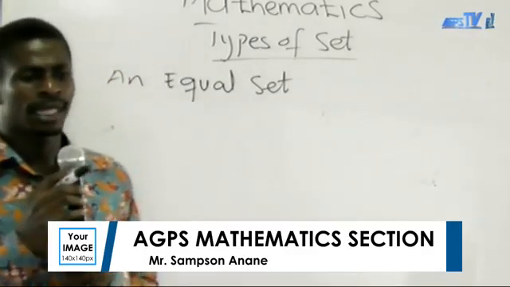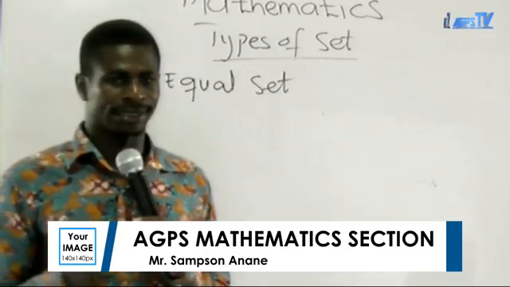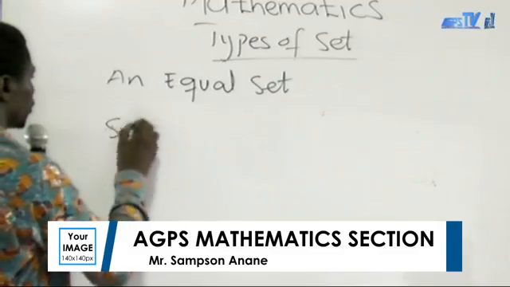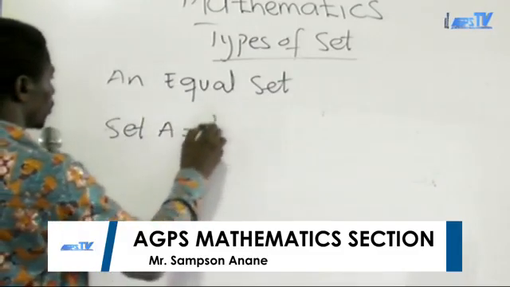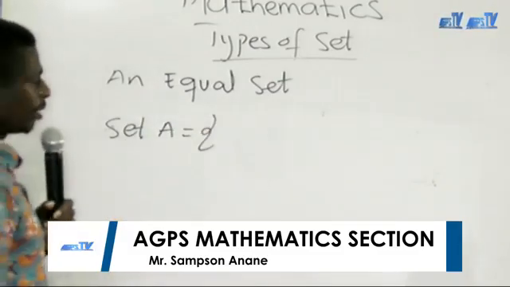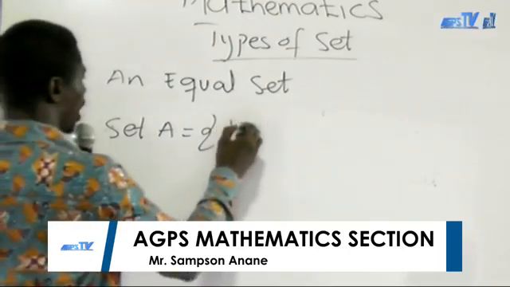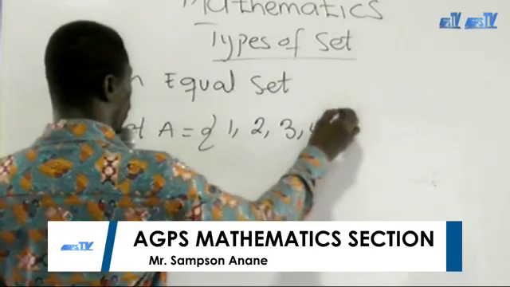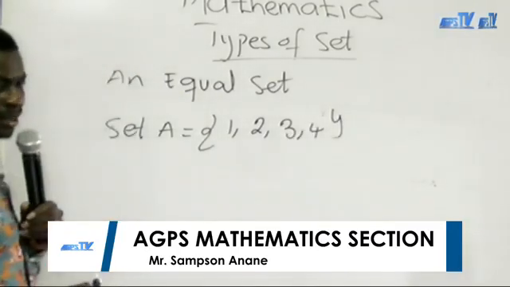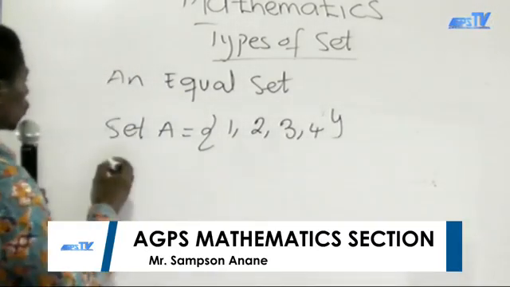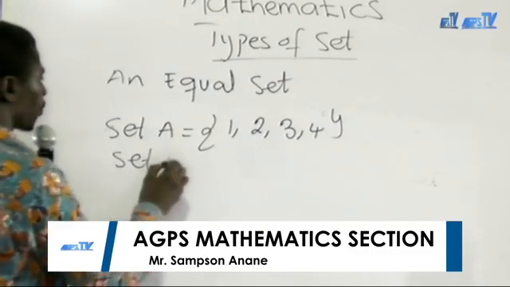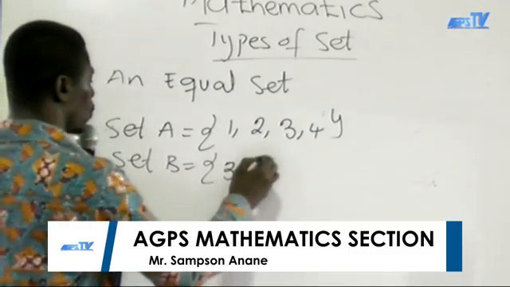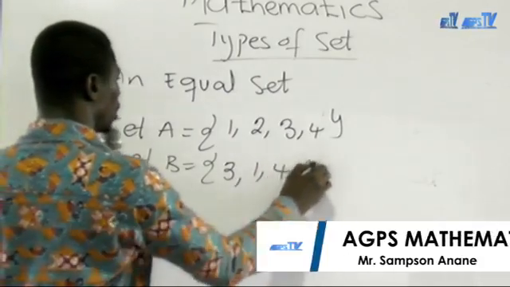Now, let's consider these two sets. Set A, we have 1, 2, 3, 4 as set A. Let us also consider set B to be 3, 1, 4, and 2.